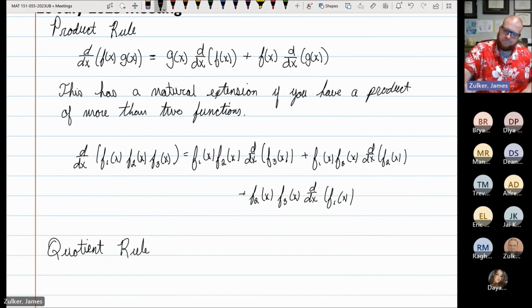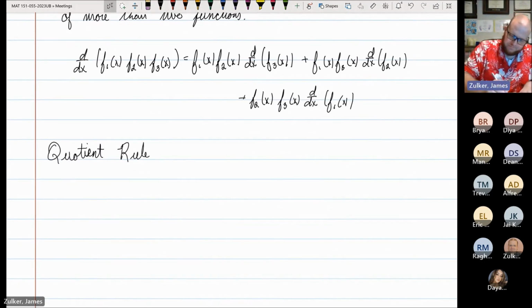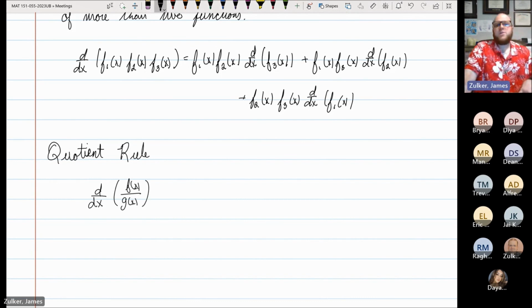Quotient rule. Derivative of f of x over g of x. Again, before seeing product rule, I might be tempted to think, oh, it's just the derivative of f over the derivative of g, which is, again, not the case.